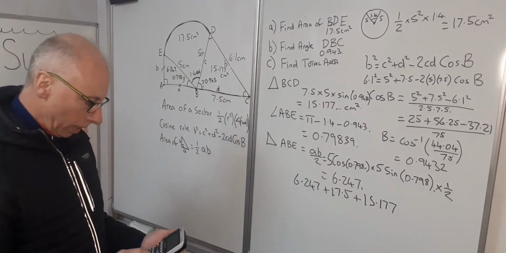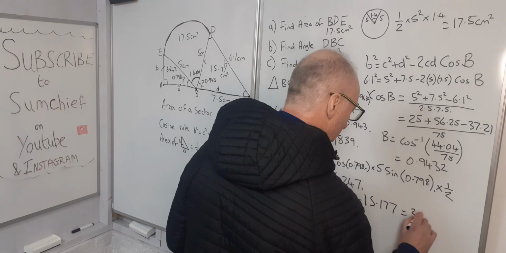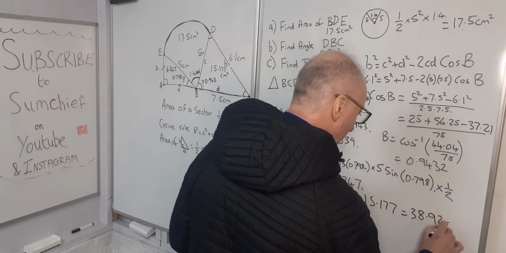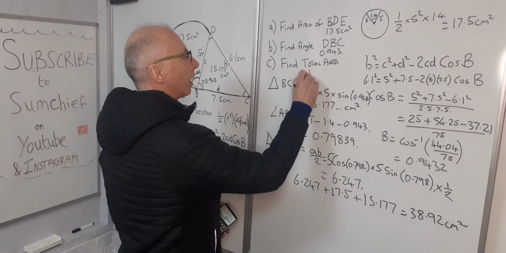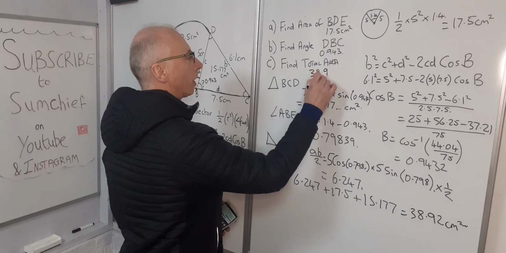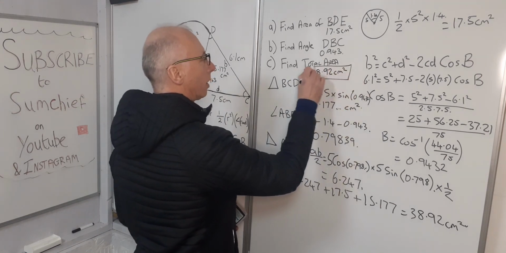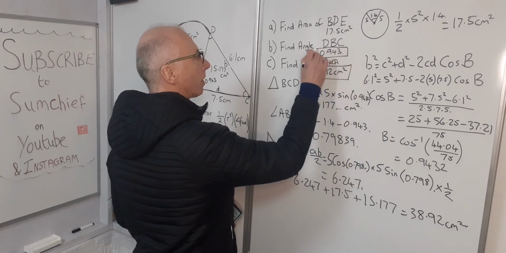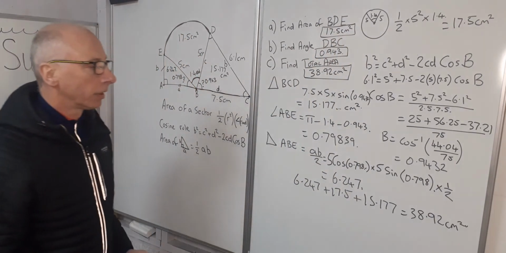Type all of them in here, and then we get 38.92, and that is in centimetres squared. So just write that up in here, 38.92 centimetres squared. That's that one. That's the angle in radians, and that's the area of BDE. There we go.